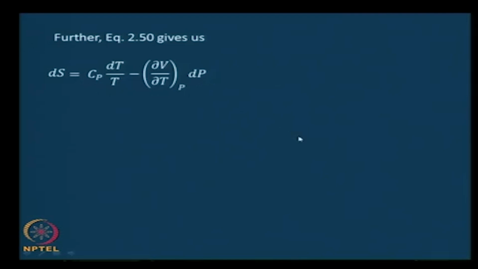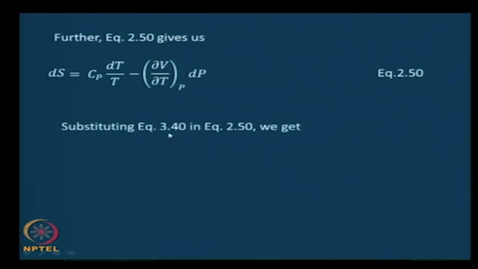This is essentially what 250 gave us, and substituting equation 340 in 250 in terms of ∂V/∂T at constant P, we get dS equals Cp ideal gas dT/T minus, as we have already shown that ∂V/∂T at constant P was R/P, so we substitute that here, R/P dP.